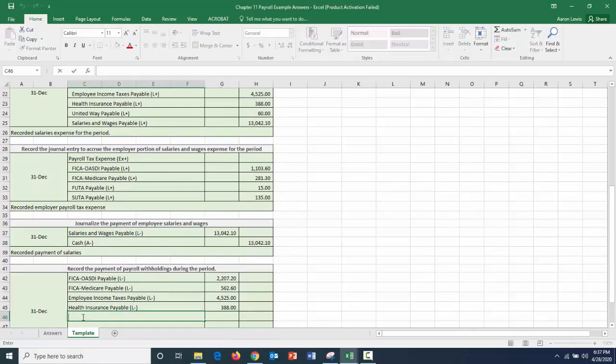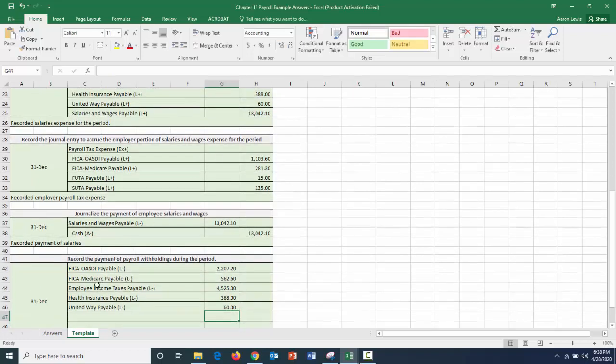Underneath this, we're going to have United Way payable. And we have that liability on our books for $60. And then, that's the end of the employee portion.